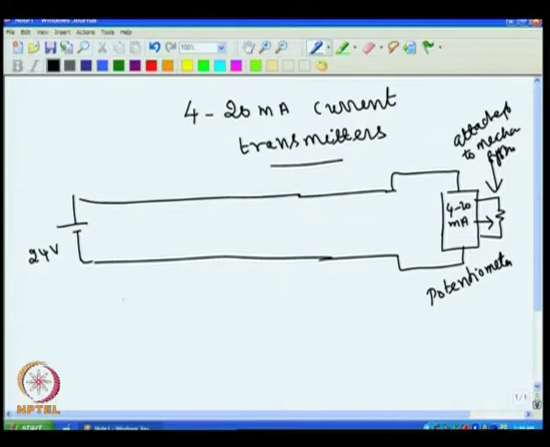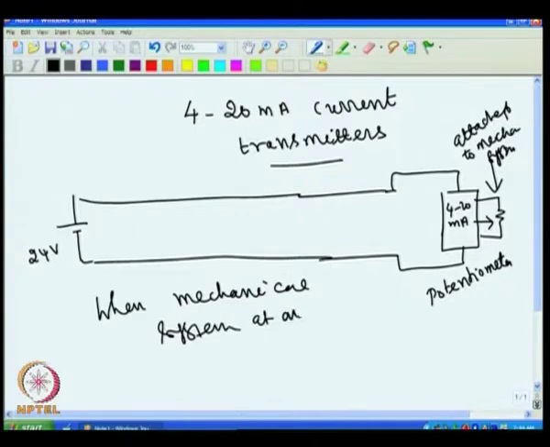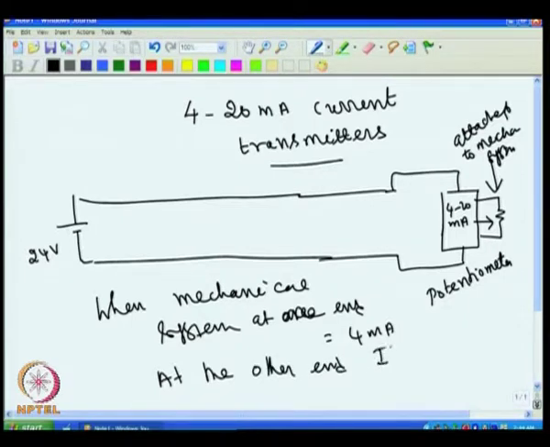For example, when the mechanical system is at one end, then the current will be 4 milliampere, and at the other end of the mechanical system, the current should be 20 milliampere. In the middle, the current will be 12 milliampere.